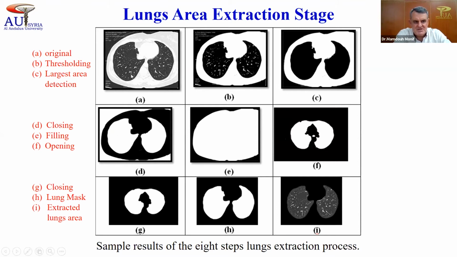A is the original image, followed by thresholding, then large area detection by connected component labeling, then a closing process, a filling process, and an opening process to remove the small nodes or nodules, and then the lung mask. The last image is the output of the stage, the extracted lungs area.